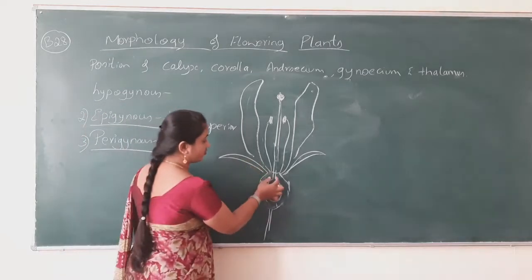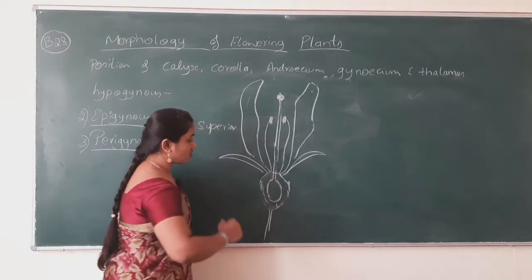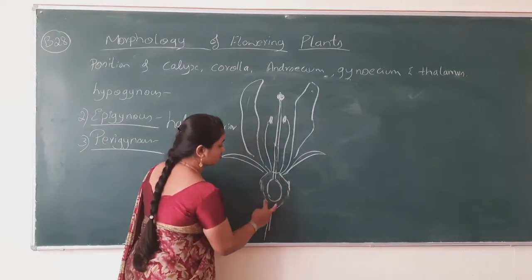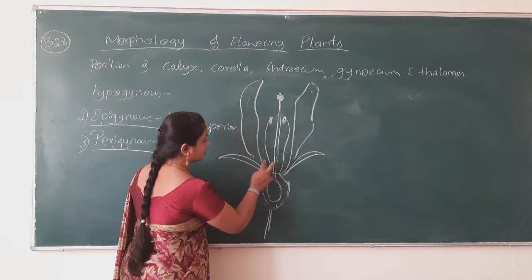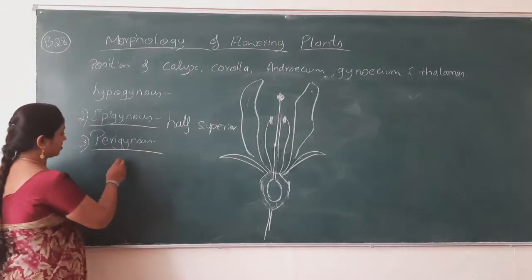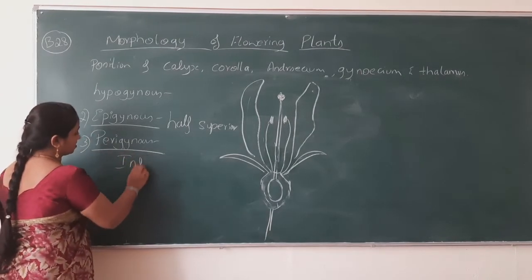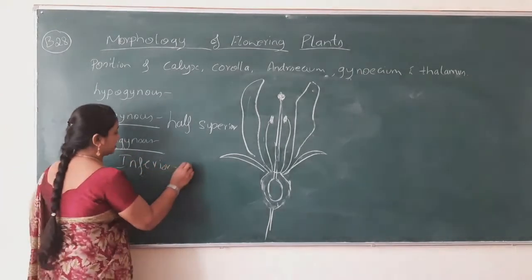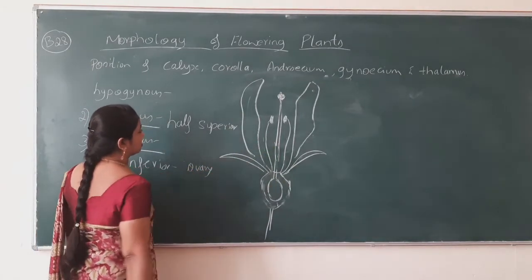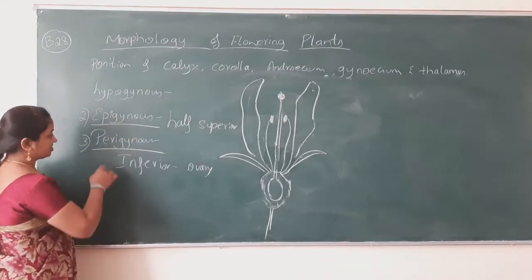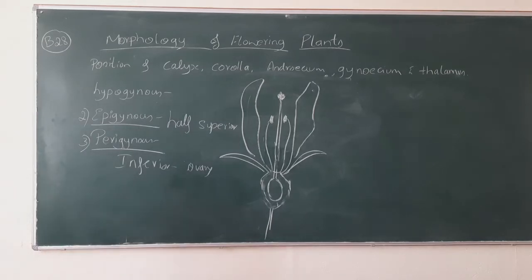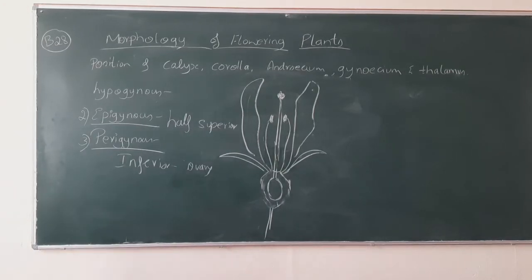So now the ovary is in the bottom, in the lower part, and all the other parts are arranged onto that, so that the ovary becomes inferior in position. The ovary is inferior and all other parts are present in the superior condition. So that's why the flower type is known as perigynous.